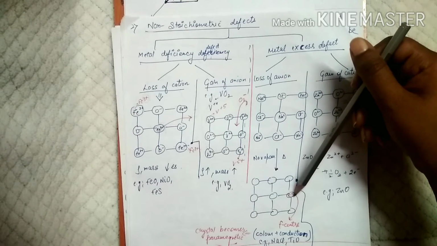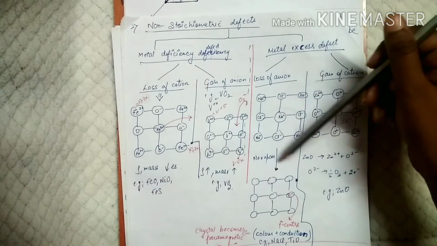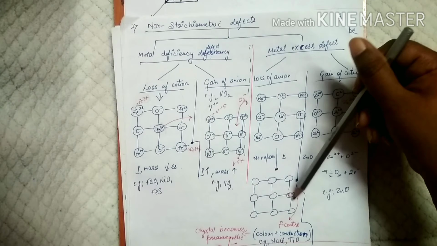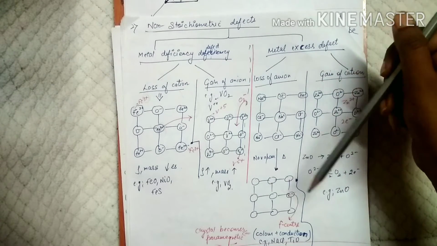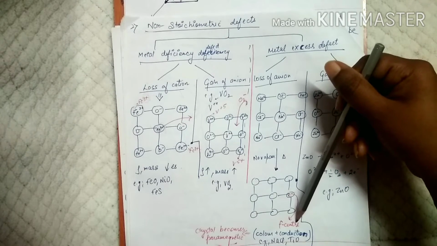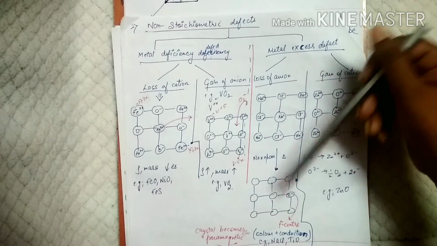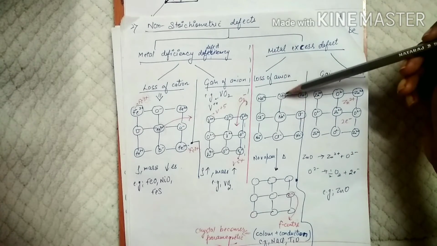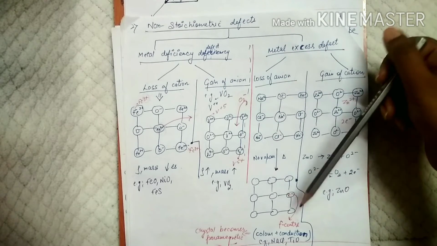An electron comes here, Cl- escapes out, and to maintain the electrical neutrality, an electron is introduced in the crystal lattice. This is called an F center, where an electron is present instead of Cl-, and this type of defect is called loss of anion in case of metal excess defect.